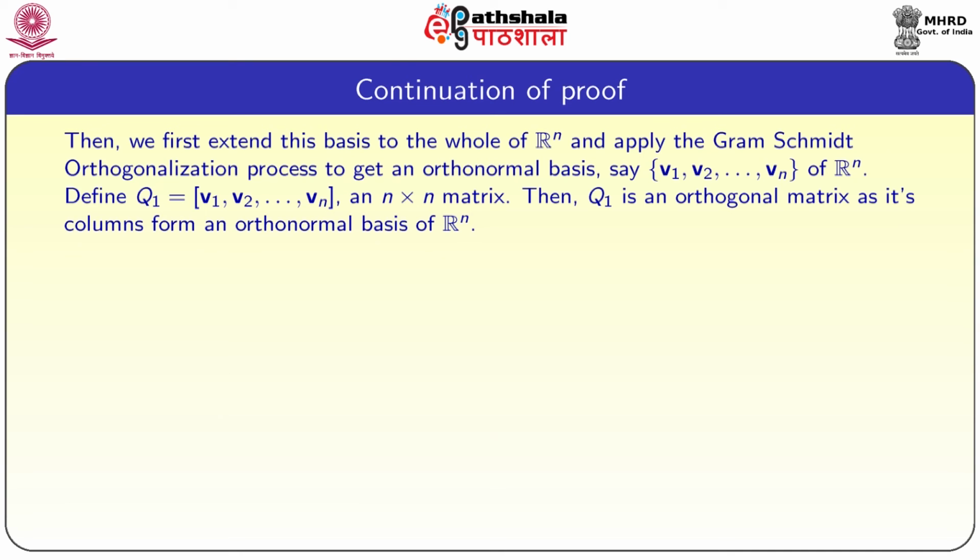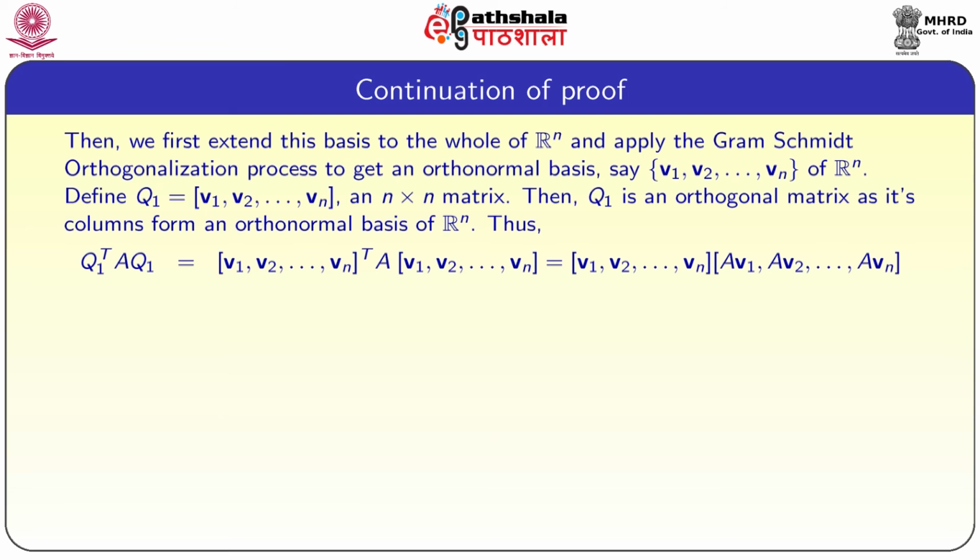We define Q1 equal to the n by n matrix with columns v1, v2, up to vn. Q1 is an orthogonal matrix as its columns form an orthonormal basis for R^n. Thus, Q1 transpose A Q1 is equal to [v1, v2, ..., vn] transpose into A into [v1, v2, ..., vn], which is equal to [v1, v2, ..., vn] transpose into [Av1, Av2, ..., Avn].